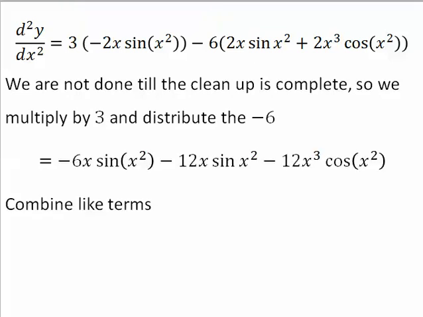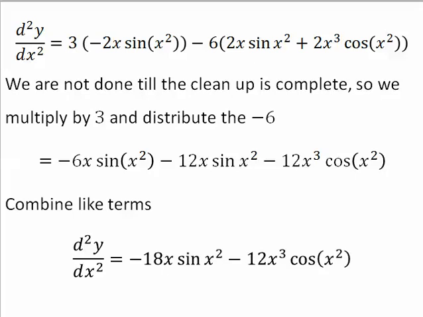Then, once we do that, we can see that we have two terms that say x sine x squared. We're going to combine those like terms. So negative 6 minus 12 is negative 18.